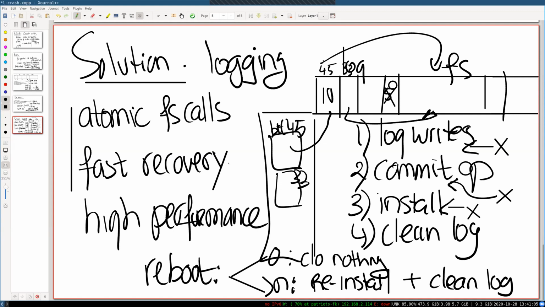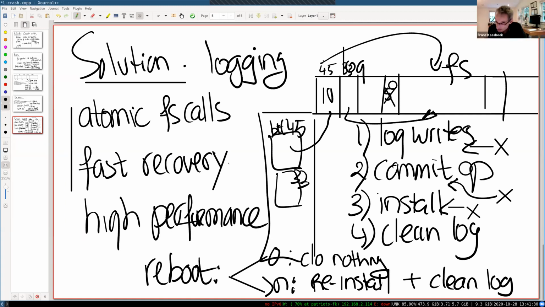What would happen if the file system crashed while you were committing? You want to execute multiple writes, and then you only commit half of them. Can you speak up a little more because your volume is low? Sorry. If you wanted to commit multiple writes at once in an atomic way, but your system crashes in the middle of committing, so you are only able to commit half of the writes, what would happen?